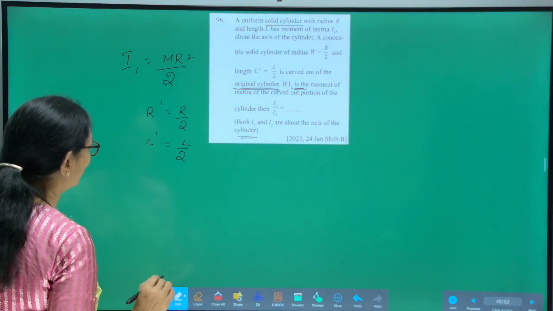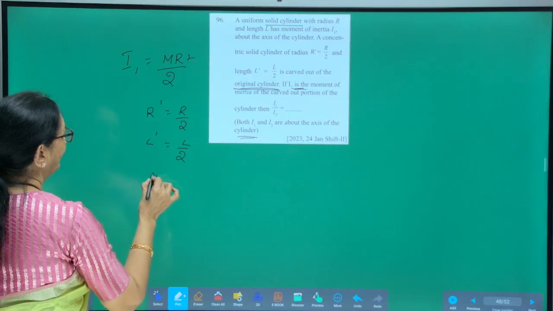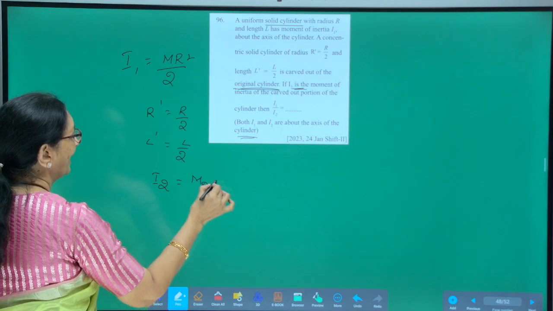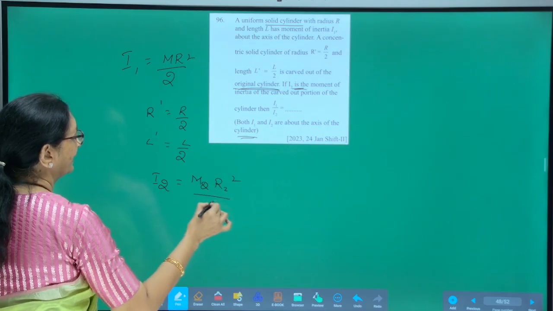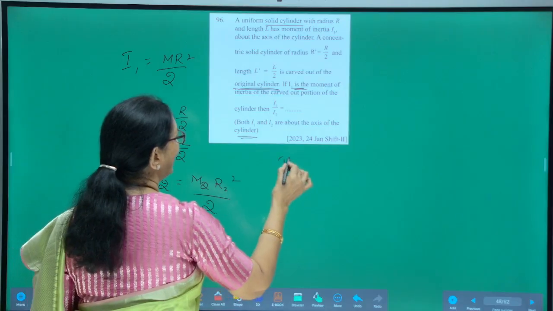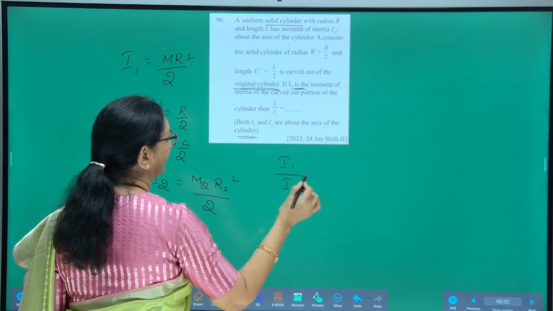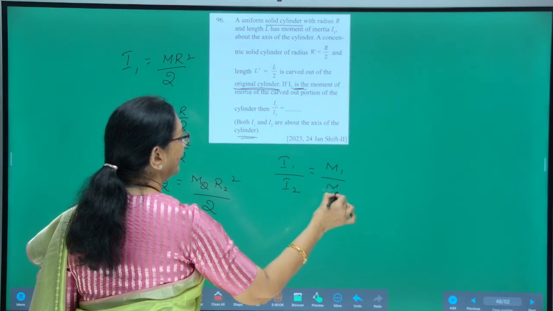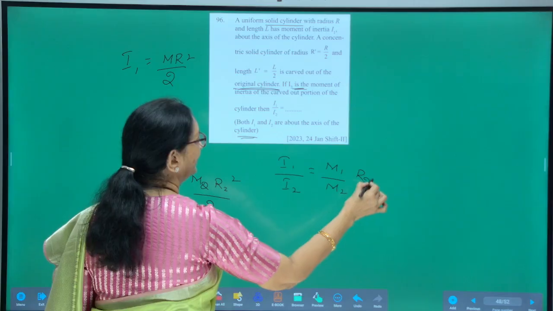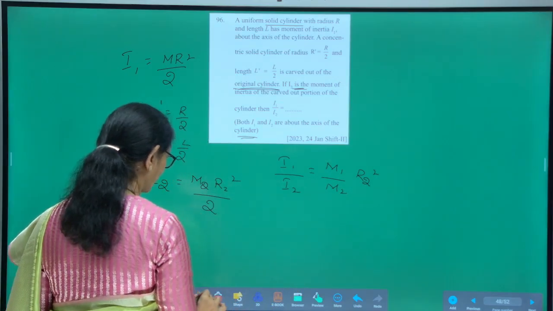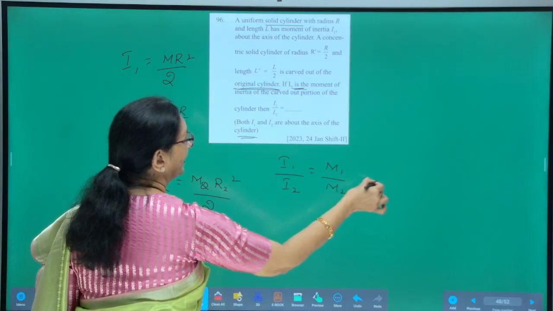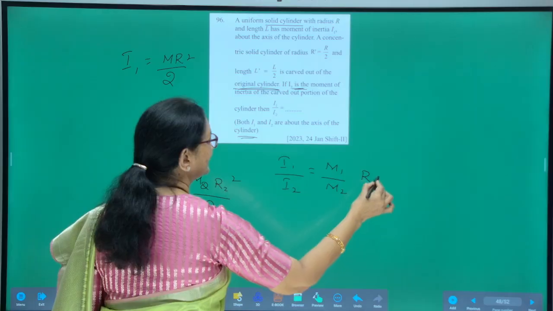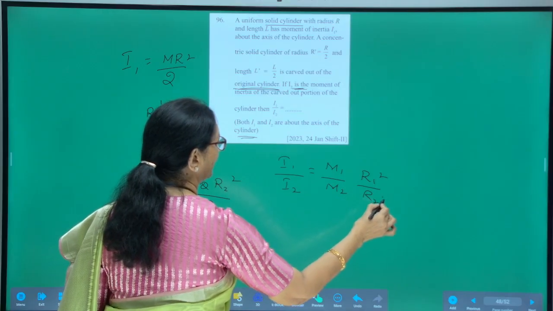What is the ratio? See here, even for I2, moment of inertia becomes m2 r2 square by 2. So, as you are asked to find the ratio, I1 by I2 is equal to m1 by m2 into r1 square by r2 square.